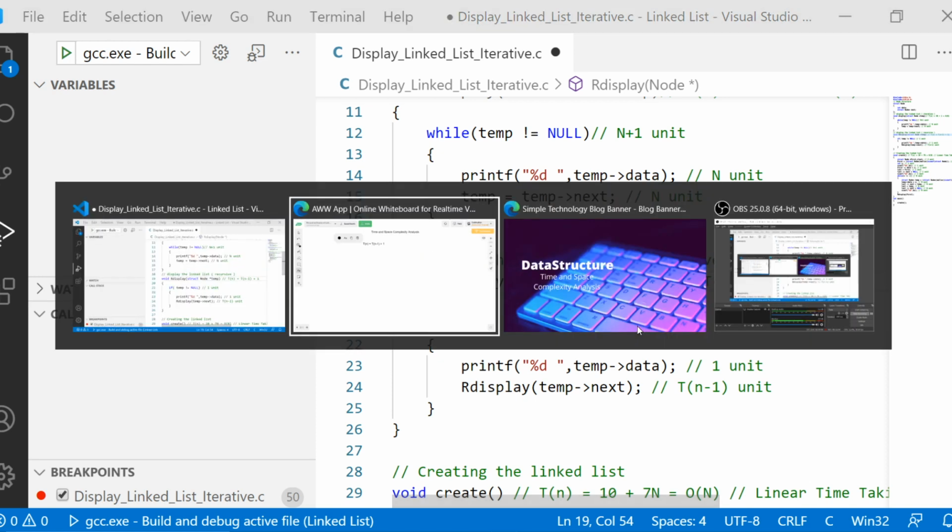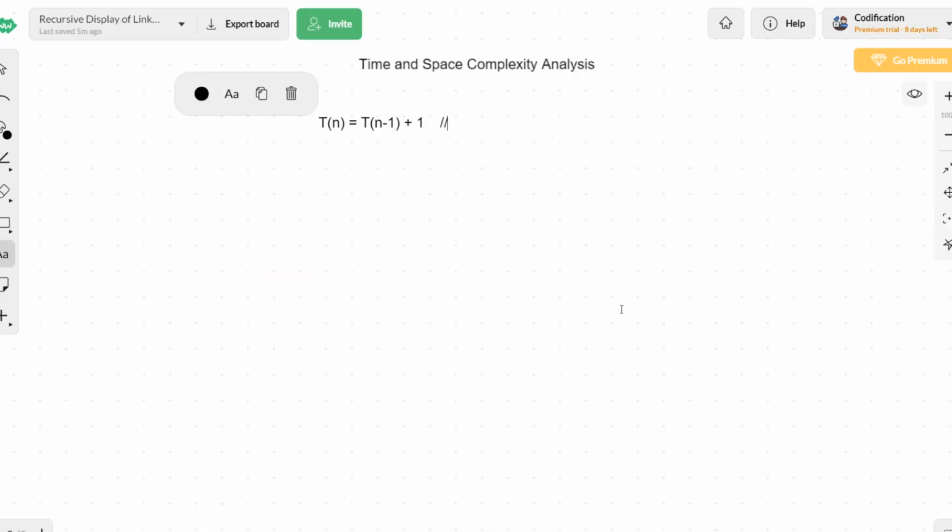So for the base case, let me write it here: T of 0, where 0 indicates that no node is left. Initially we take n nodes, then change it to n minus 1, but when it becomes 0 nodes, you can stop and only 1 unit of time is taken. How to solve it? With the help of the successive substitution method.